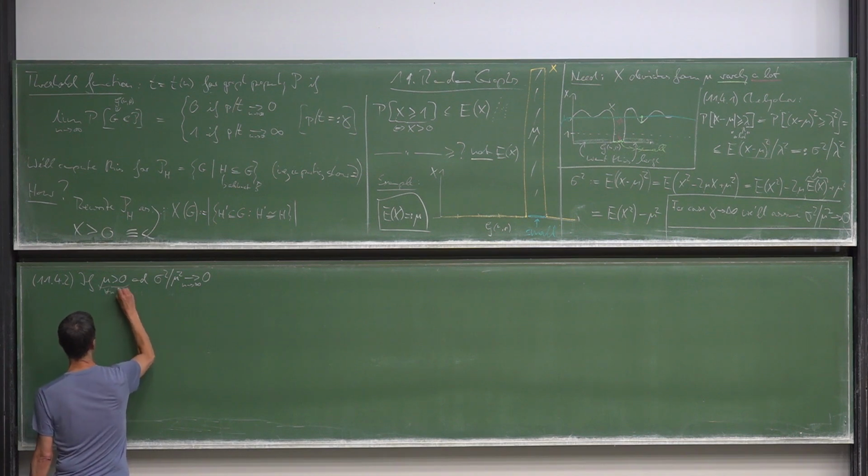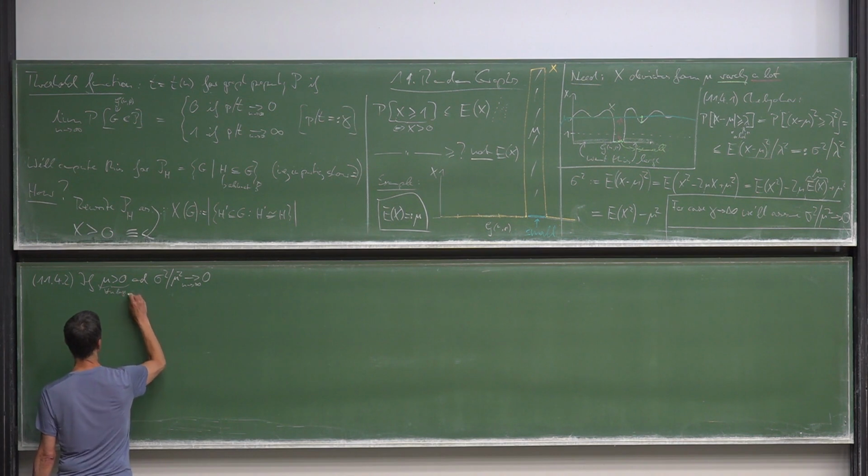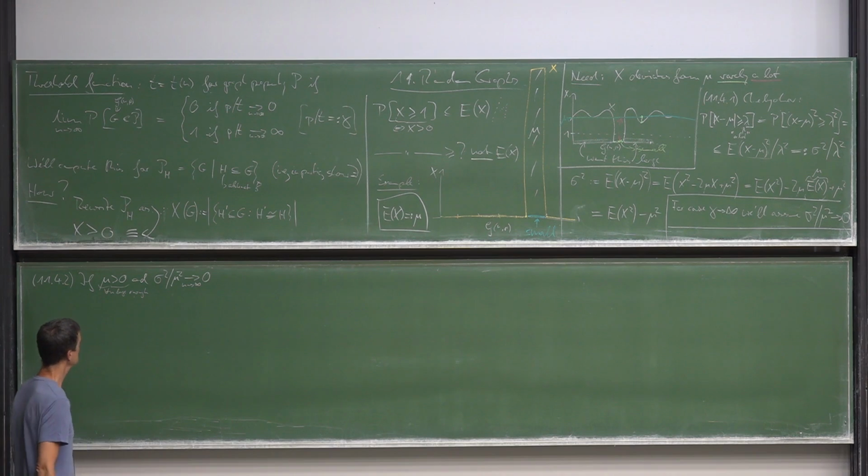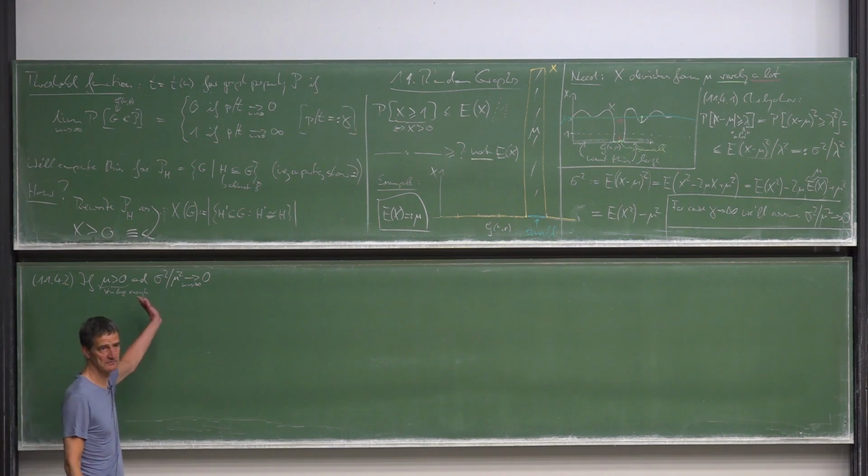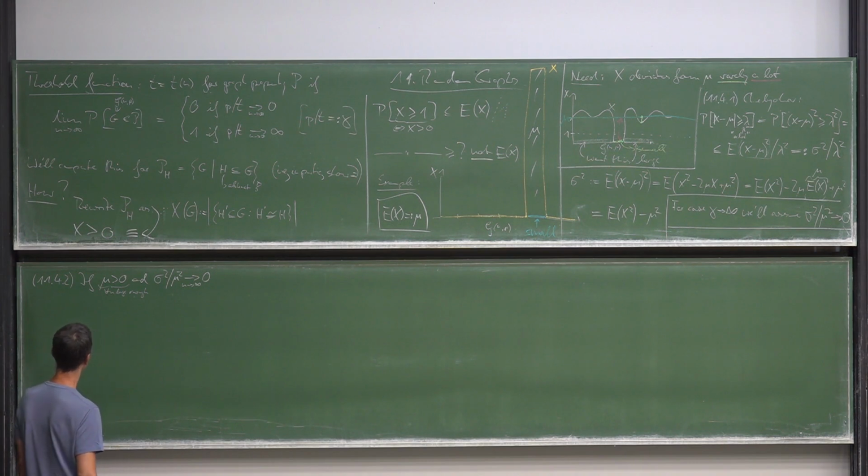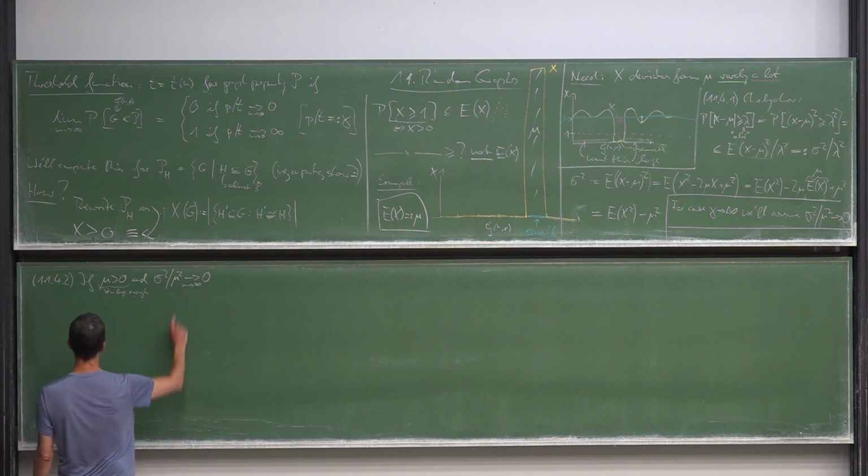For all n large enough is enough. Right? Everything is always done for n large enough. Okay. Here it's written there explicitly.